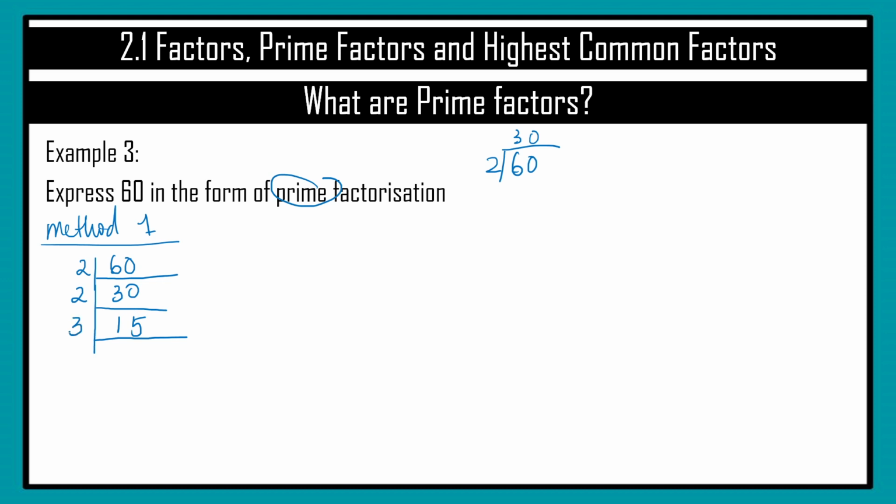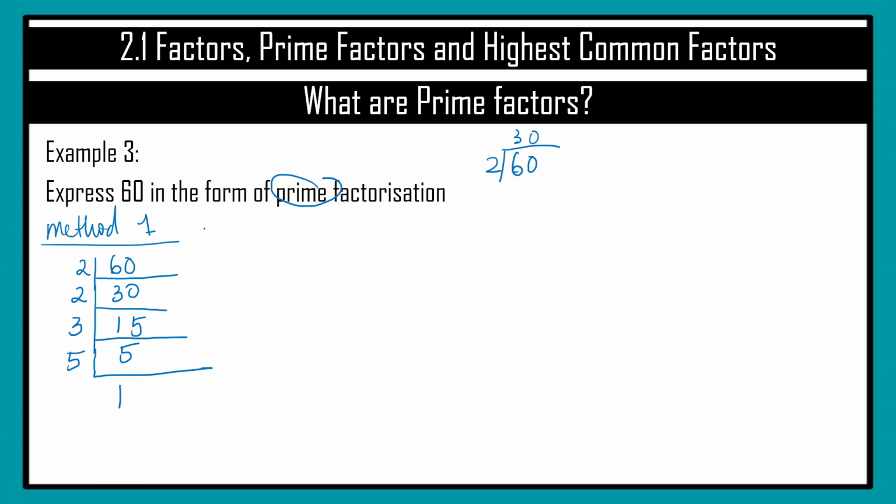So I'm going to use 3. 15 divided by 3, you are going to get 5. Alright, so when we come to here, the next prime number is 5. So 5 divided by 5, you get 1. Once you get down to 1, we are going to stop here.